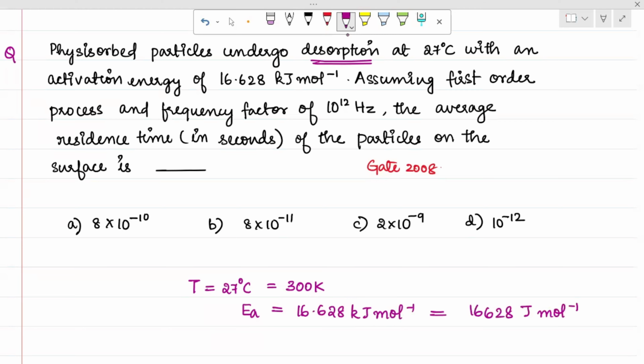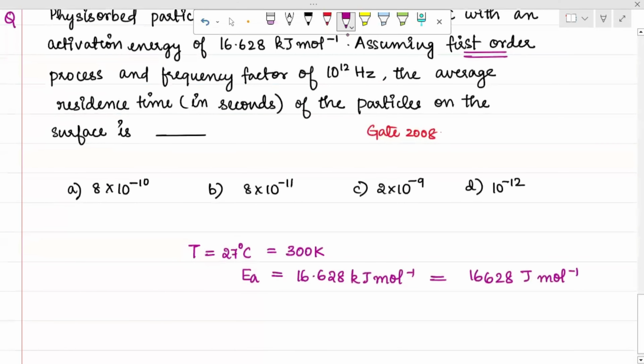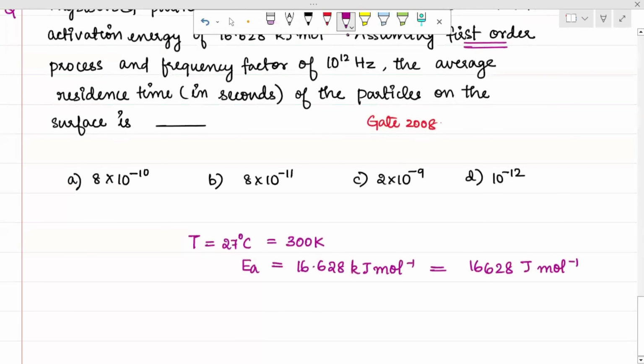Okay. Assuming the first order process and the frequency factor. So we already know the unit of the pre-exponential factor if it is first order. Frequency factor is 10 to the power 12. Again, frequency factor, you can understand this term only if you have learned kinetics, or you can also understand it by the units.